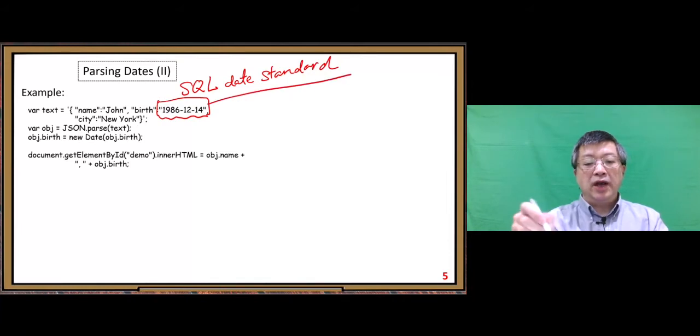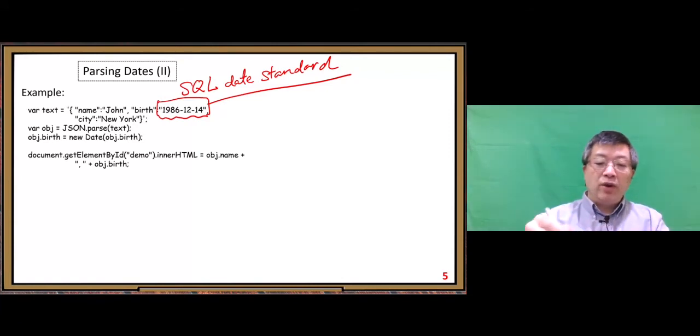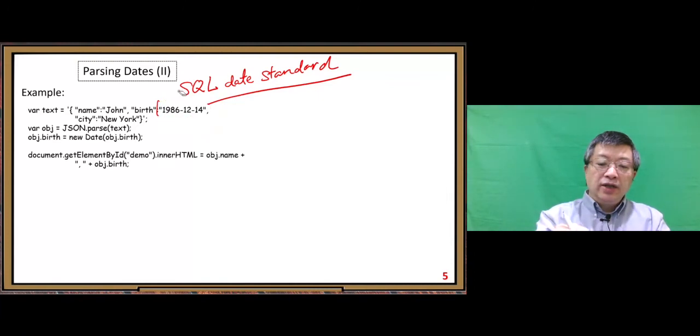Later we will learn some SQL basic knowledge, so when we get there, we will see this again. So this is the standard SQL date format, and you use this format.